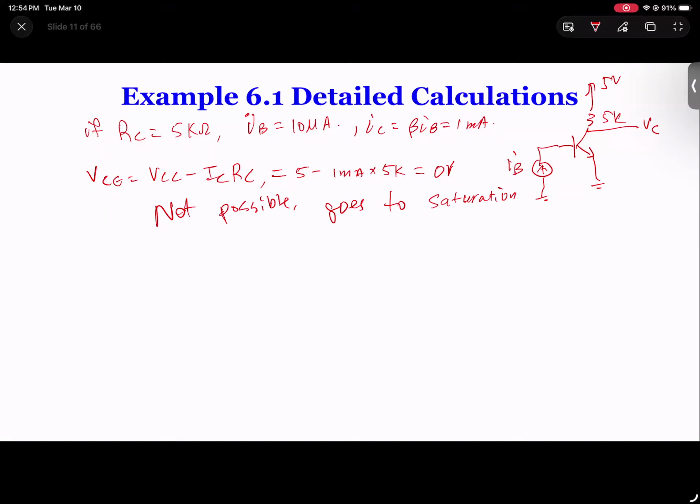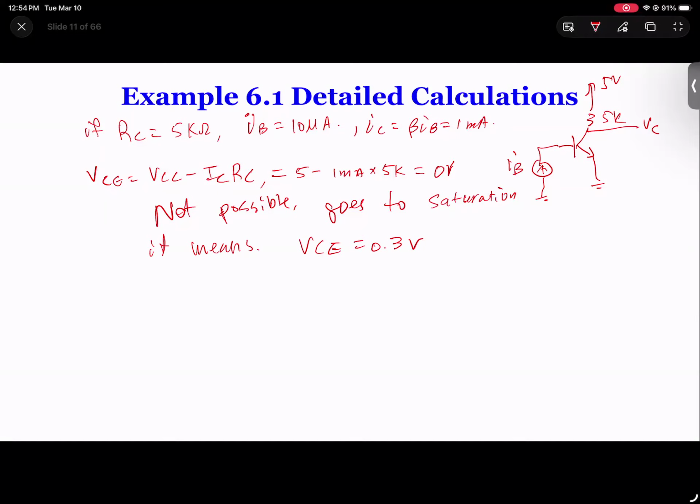Now it is going to saturation. So this is not in active mode, but IB is there, so it's conductive, but it's not active.